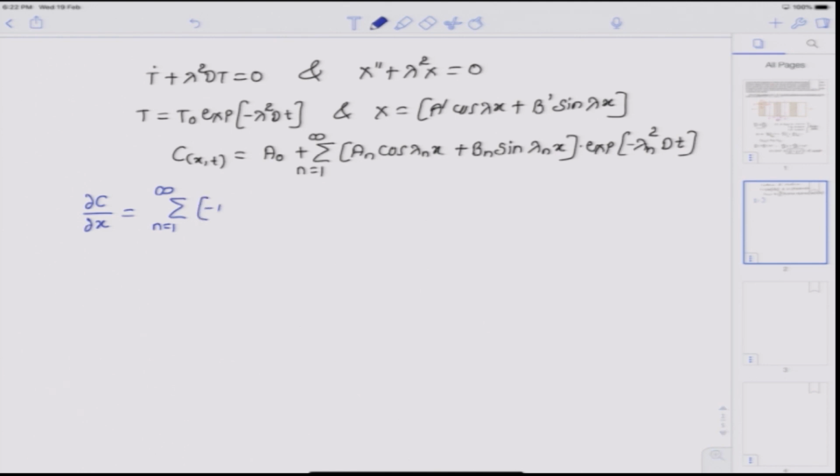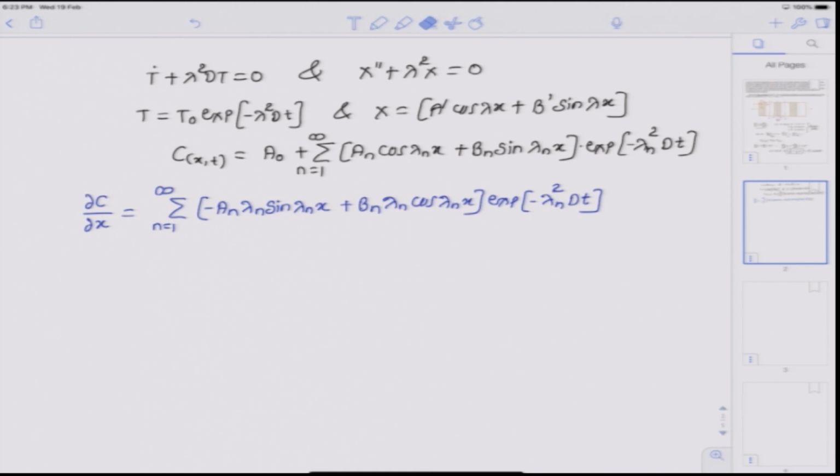So, this would be minus A n lambda n sin lambda n x plus B n lambda n cos lambda n x, and the exponential term is independent of x. So, it will be as it is, exponential minus lambda n square Dt.